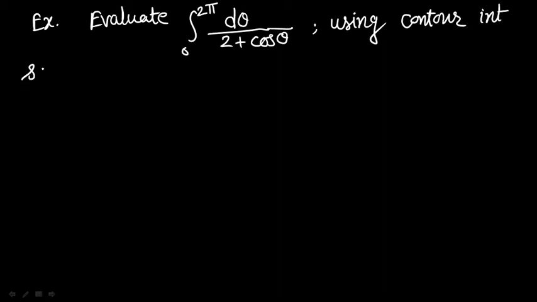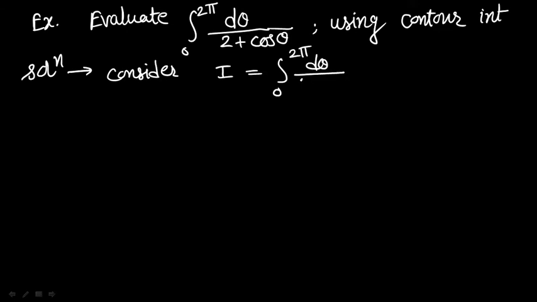Now the solution. Here we consider the given I equal to integration 0 to 2 pi d theta upon 2 plus cos theta. Now we substitute the previous values and convert the integrand in terms of z.